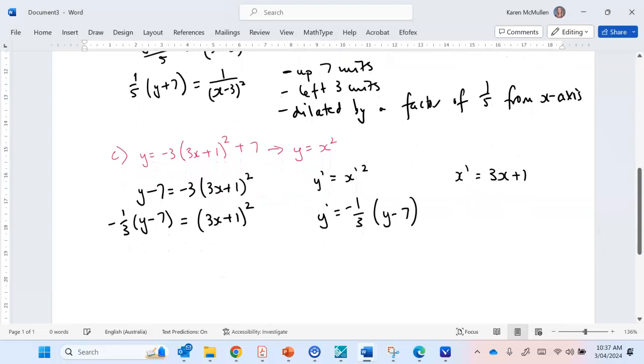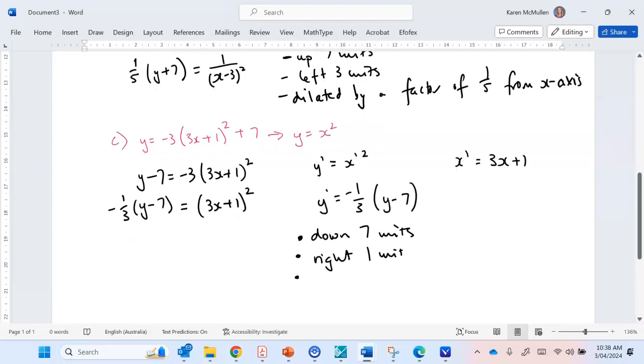All right, so when we're looking, remember we're going the opposite direction, so we're going to do our translations first. All right, so we've gone down 7. We're going to the right. We've been reflected along the x-axis, and that's because we've got this negative here, and then we can do our dilation.